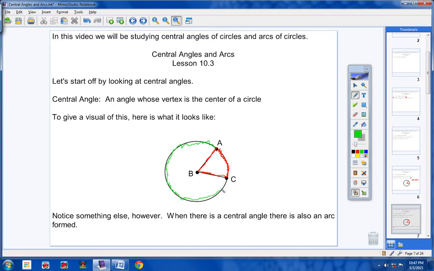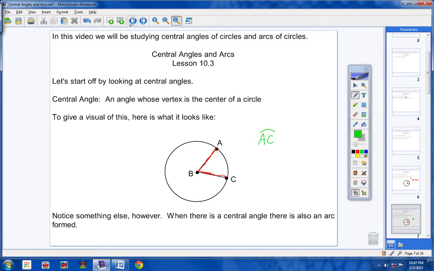So, a central angle usually will divide a circle up into two arcs. Now, notice something here, guys. This arc here is called a minor arc. So we denote it using two letters. So arc AC would look like this. Okay, so that symbol right there means arc AC.